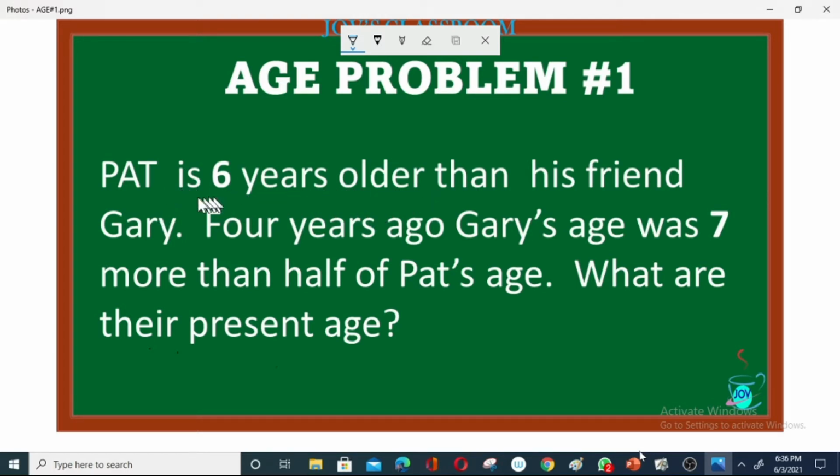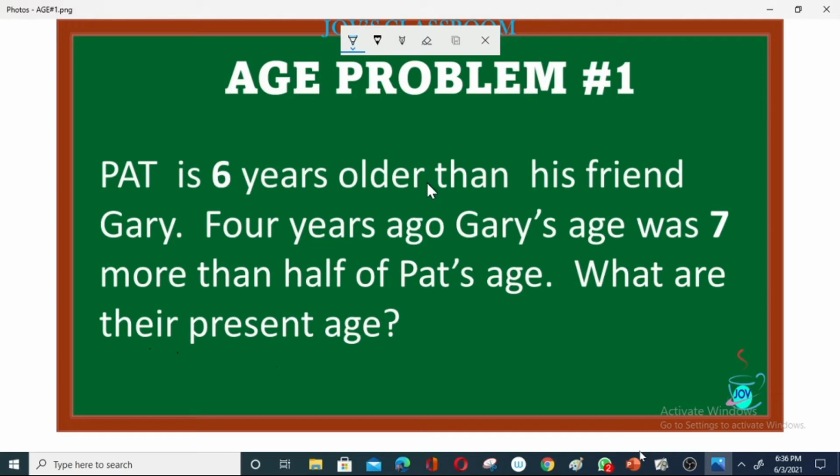So Pat has been described here as 6 years older. Pat is the one described in this problem, so he is not the X.